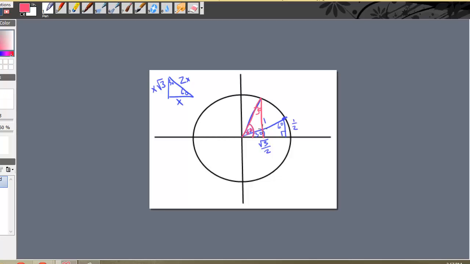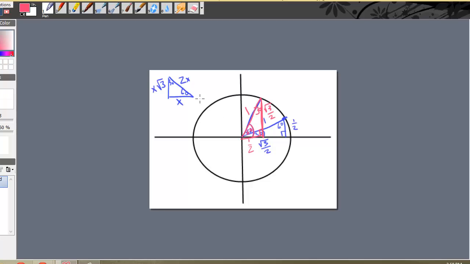We'll make this the 30, and make a right angle here. Now, of course, this is still 1. This side opposite the 30 is going to be your 1/2, and this line opposite the 60 is going to be your √3/2.